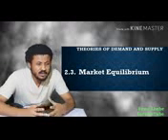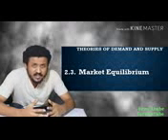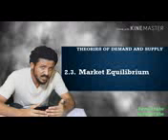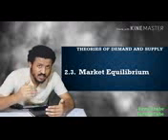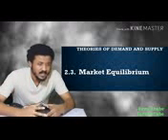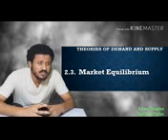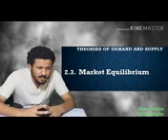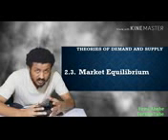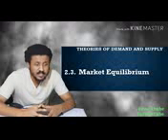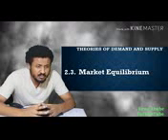We have seen the law of demand which states that when a price of a given product increases, the quantity demanded of that product will decrease. We have also seen the law of supply which states that when a price of a given product increases, the quantity supplied of that product will increase and vice versa.